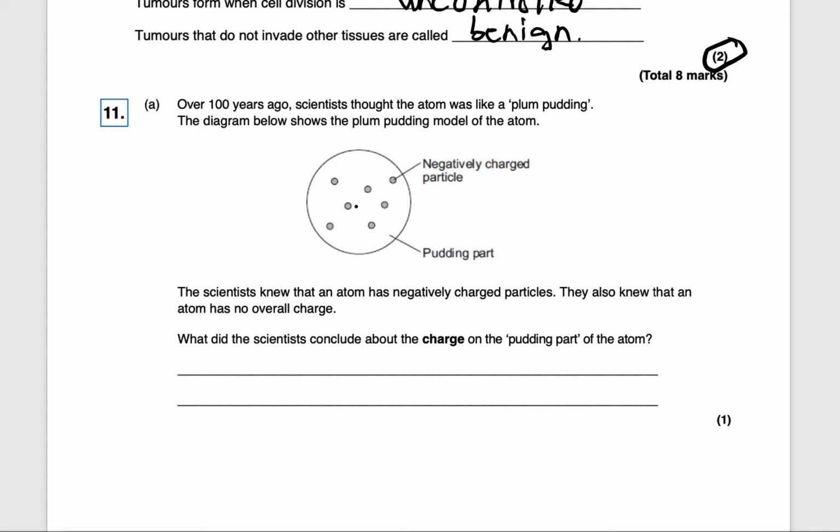So the plum pudding, remember the plums were the electrons which are scattered on the pudding itself. The pudding part is positive. So it's going to be a positive charge. Remember, it was an overall positive charge with negative electrons scattered onto it. So it's going to be an overall positive charge for 1 mark.